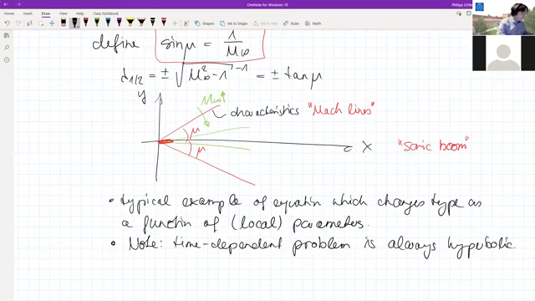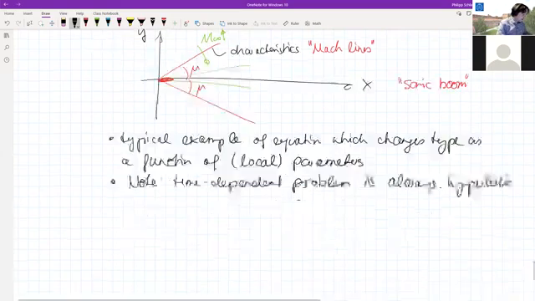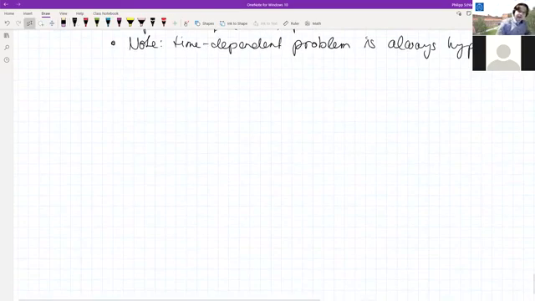Okay, now having discussed the different types that we can get, what we now should do as the next step is to discuss the model problems, or the expected behavior, for elliptic, parabolic, and hyperbolic equations.